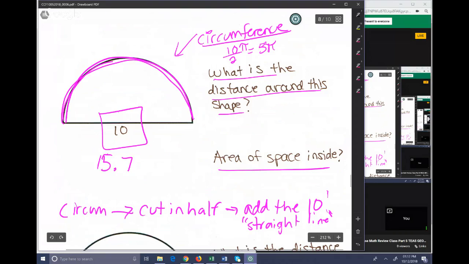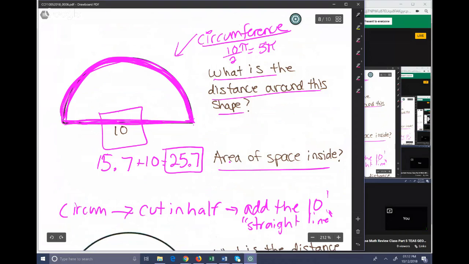So 15.7 is the distance along this pink part that I have labeled. So I need to add 10 to that, and that's going to allow me to finish walking back to my car by following the last of that path. 15.7 plus 10 is 25.7. So that is the distance around the shape.